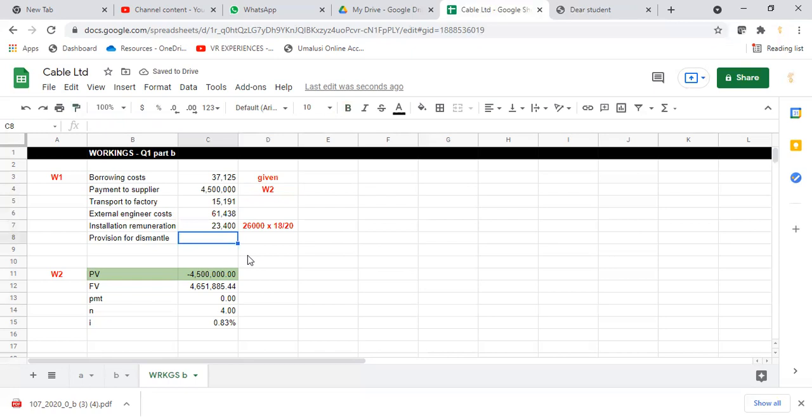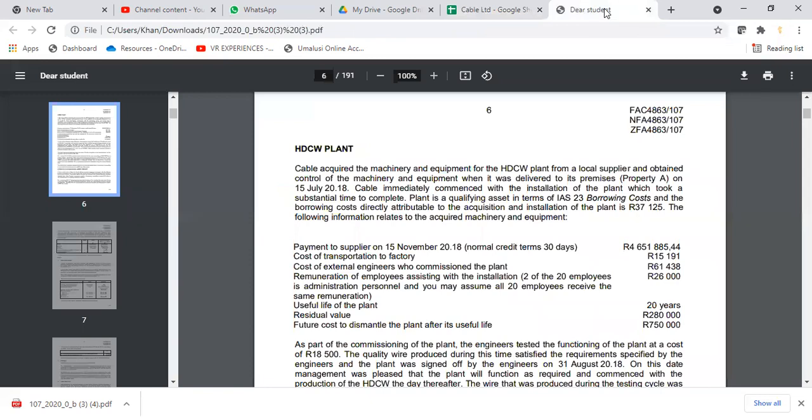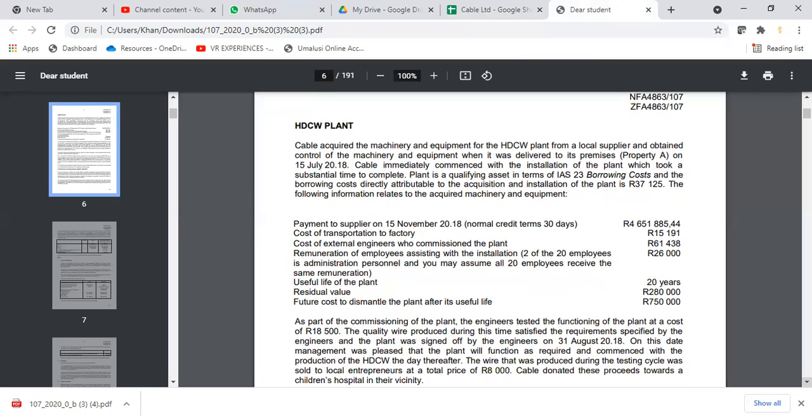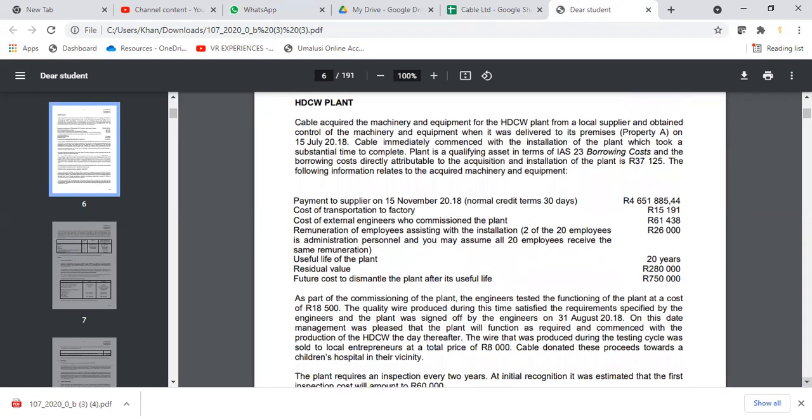Then we need to do the provision for dismantle, working 3. They're telling us the future cost to dismantle the plant after its useful life is 750.